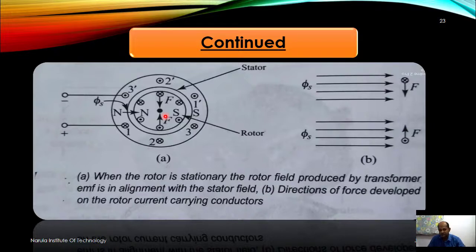And we will see the force produced inside this rotor. Here, cross current is flowing due to the electromagnetic induction occurring inside the rotor. Transformer action is happening, so the upper part of the rotor conductor is carrying cross current and the lower part is carrying dot current.